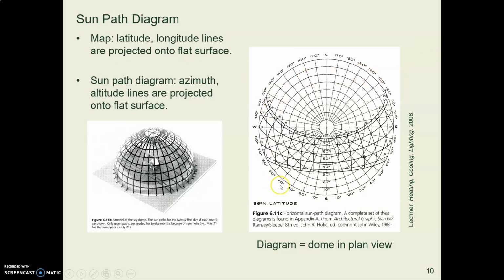So this graph has circles that represent the altitude on your sky dome. See these circles on the dome? Those are shown in the top view in our graph. And then the azimuth lines, which are kind of the longitude on our sky dome, are these straight lines, these radial lines going straight out from the center.